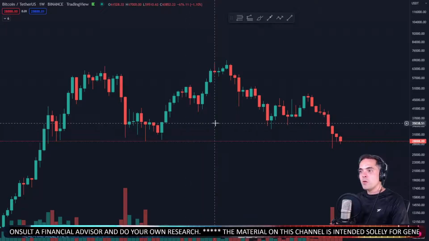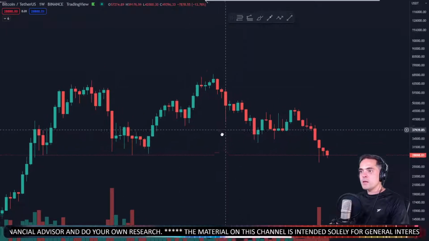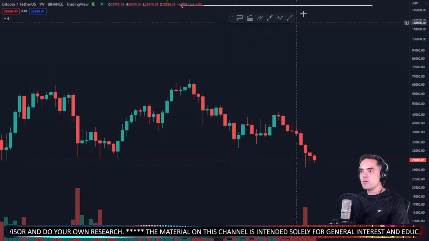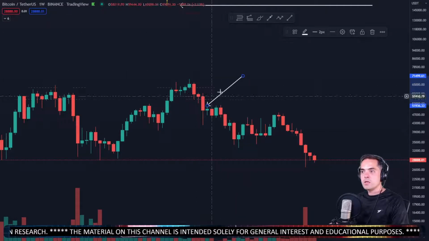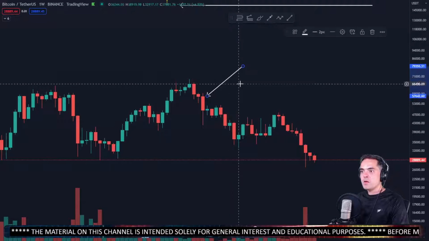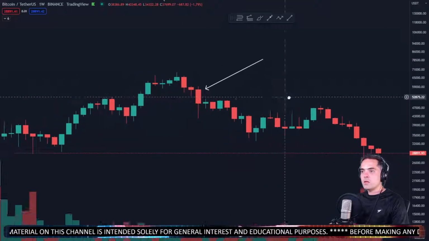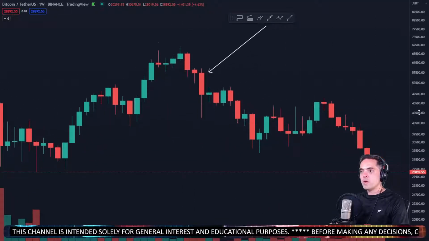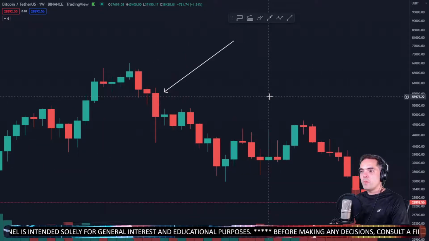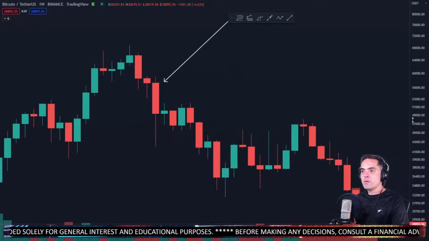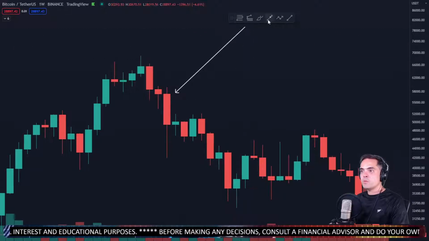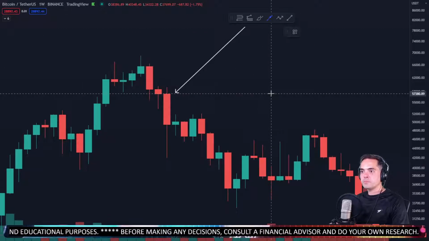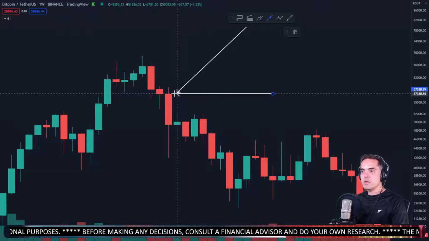So let's pick one candle, this red candle, just for instance. Let's zoom it in so you can see better. What we see here is the price for the red candle.